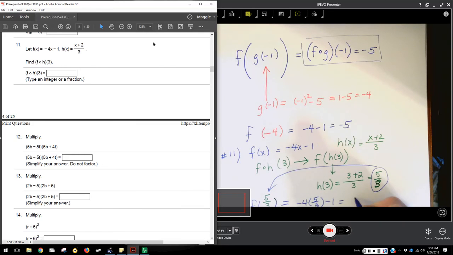And negative 4 times 5 is negative 20. And 1 times 3 is 3 minus 1. And since we're trying to subtract fractions, negative 20 over 3 minus 1 over 1 written in thirds is 3 over 3. And negative 20 minus 3 is negative 23.